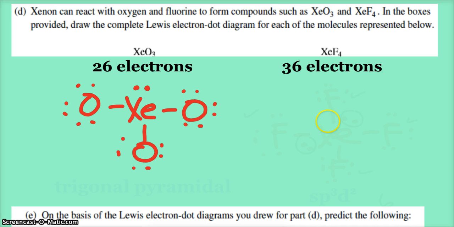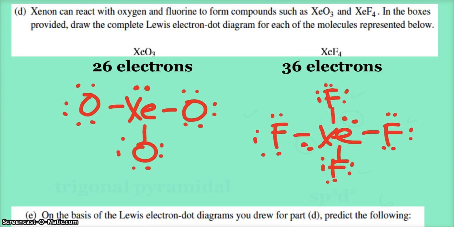So with XeF4, put the 4 fluorines around xenon, and here, remember, xenon is definitely capable of breaking the octet rule, violating the octet rule. Fluorine will not double bond, so the two lone pairs, the 4 extra electrons to make 36, would easily be placed on the xenon and violate that octet rule.